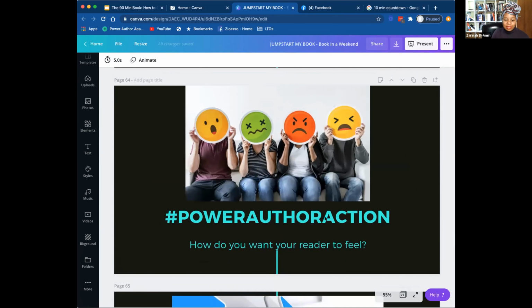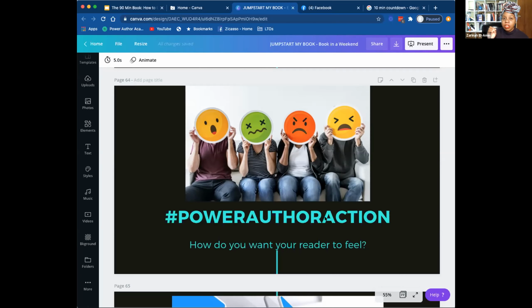So this next one is, how do you want your reader to feel? So we did how do they describe it, then we did what do they learn, and now we're on the emotional side. How is the reader going to feel at the end of that book? Some books make you angry, and the author wants you to feel angry because they want you to be motivated to take some type of action.